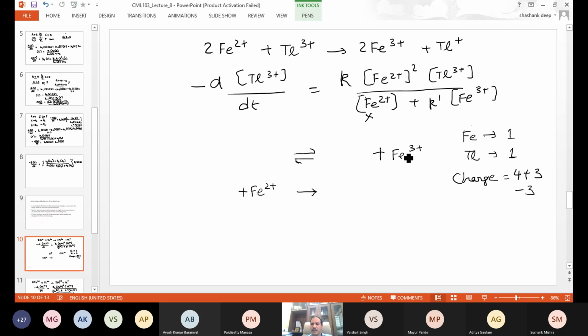So what is left? 4. Already you have taken one Fe2+, so one iron has gone and 2 has gone from this. So what is left? Tl. What should be the charge? 2 plus. This is what? Intermediate. So what will be formed here?